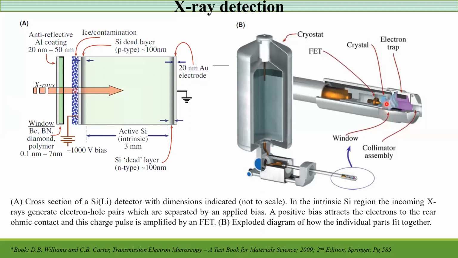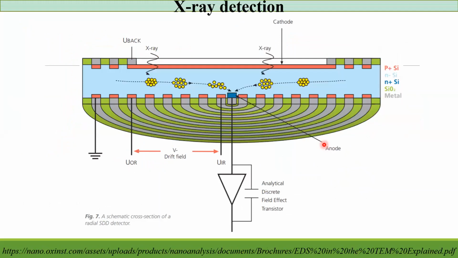The generation of electron hole pairs occurs. Then the FET amplifies the whole process later on. So this is what is happening from the detector side. The new type of detector is a solid, like a drift detector, which has nanoscale silicon material like this.